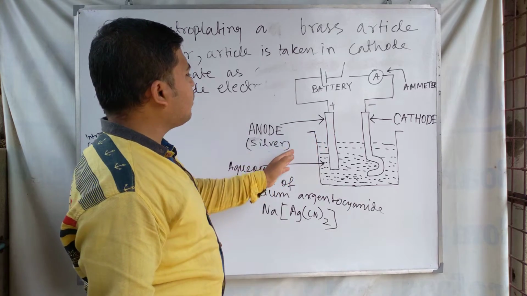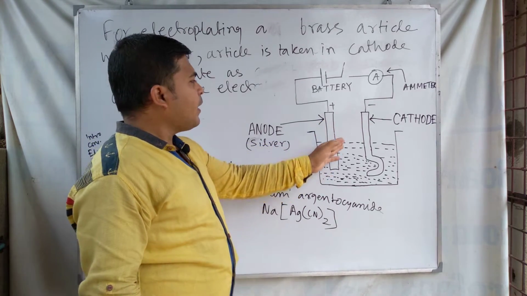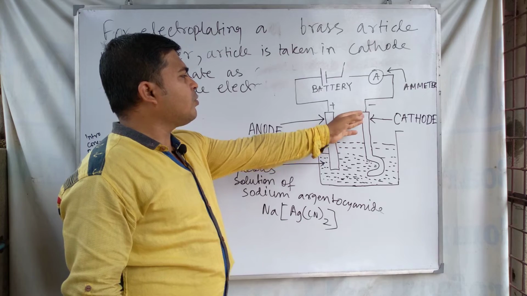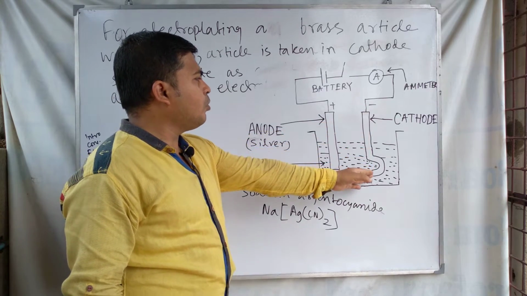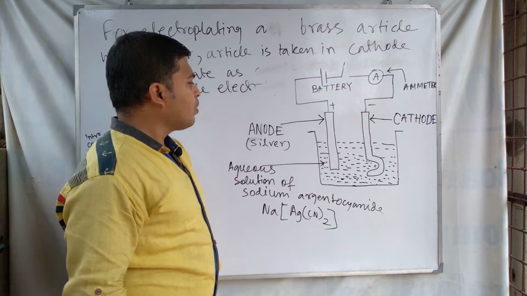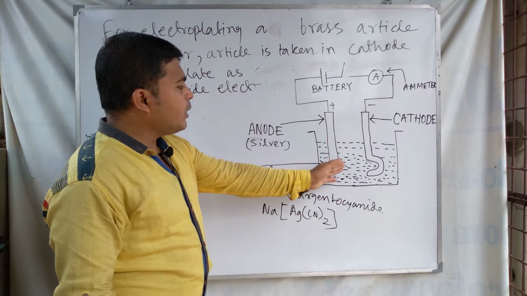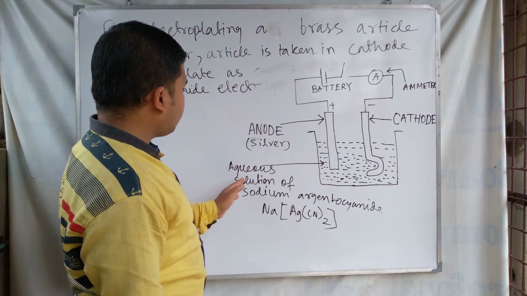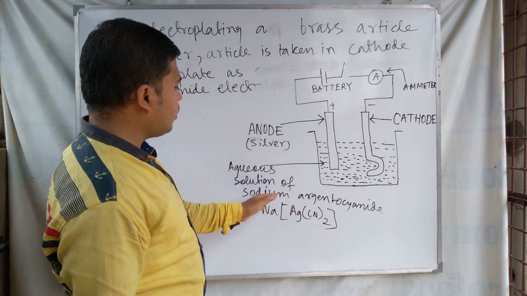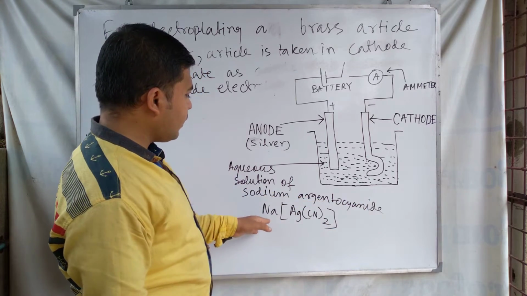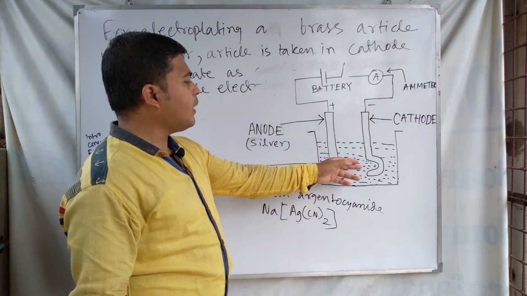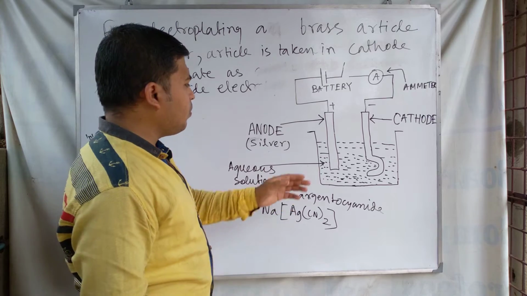A silver block is taken in the anode, and in the cathode a brass spoon is taken. Here the electrolyte, aqueous solution of sodium argentocyanide, NaAg(CN)2, is taken in this vessel.